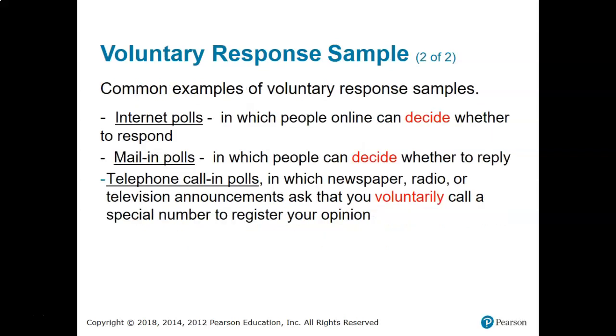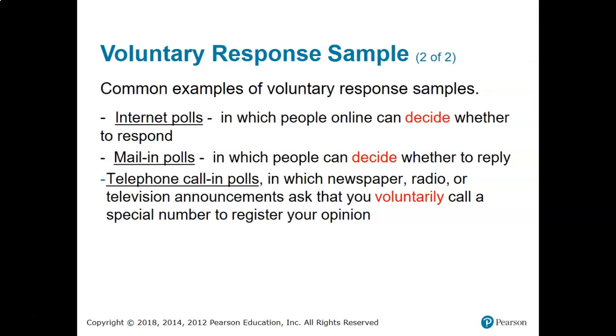Okay, so some examples of voluntary response samples would be internet polls. You see these pop up and people can give their opinions. People are deciding to participate, so therefore it would be a voluntary response and not very credible. Mail-in polls would be an example. Telephone call-in polls. If you're watching the news and there's some type of poll that you can call in and participate in, then that's going to be a voluntary response. Those where they call you are not voluntary response.